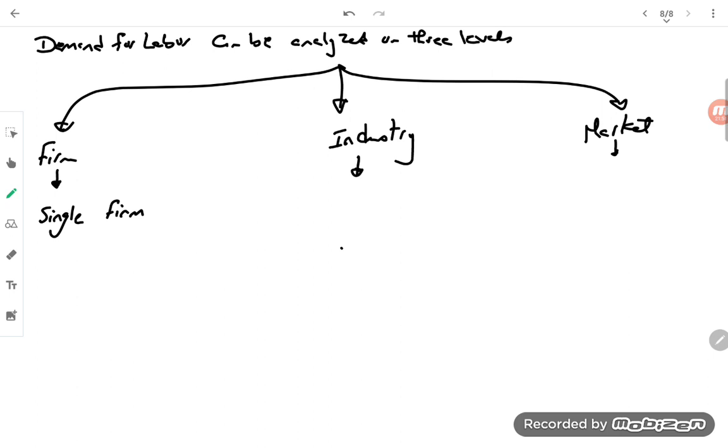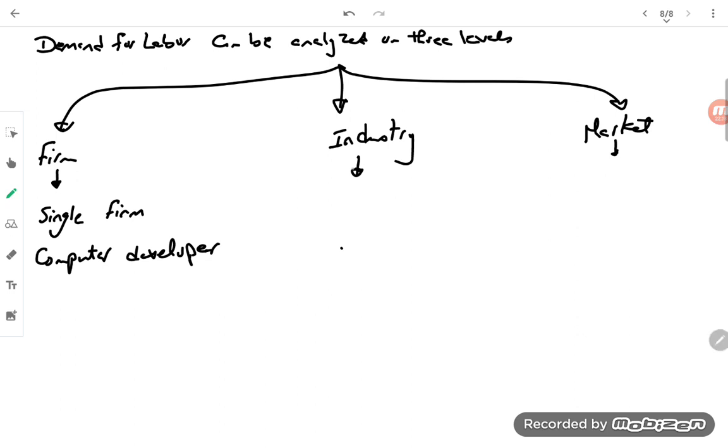Say, for example, computer analyst, or developer, website developer, for example, in a specific firm, say Microsoft.